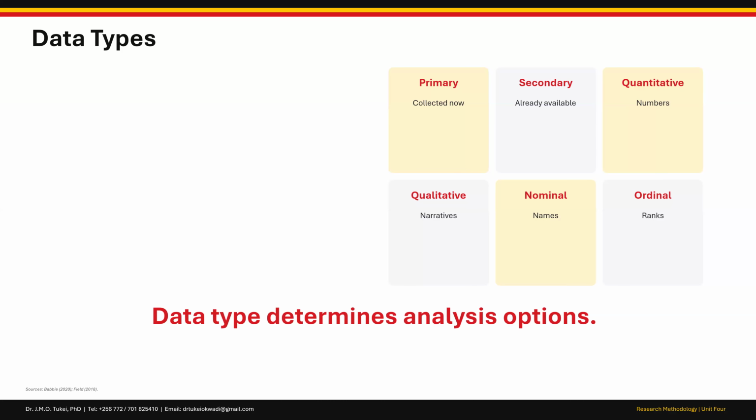If it's quantitative, then that's numerical. Nominal comes from the word naming. Ordinal comes from ranking. Therefore, ladies and gentlemen, data types determine analysis options. I want you to get this very well.